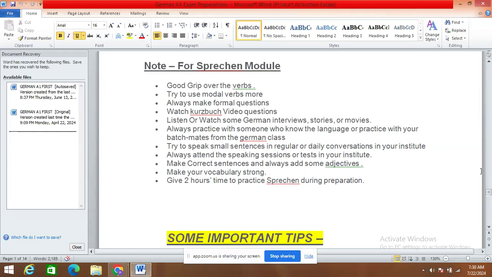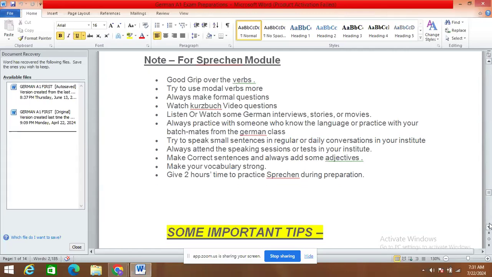To prepare the expression tile, you need to give 2 hours daily. The more you speak, the more you practice with your batchmates. Small statements can also work. You need to have the confidence first to speak well. Then only you will be able to perform well.